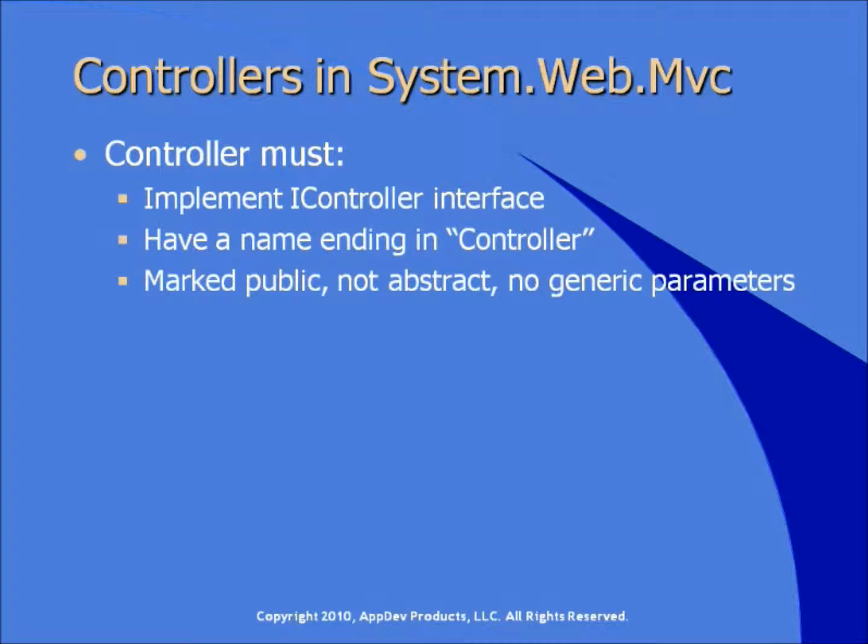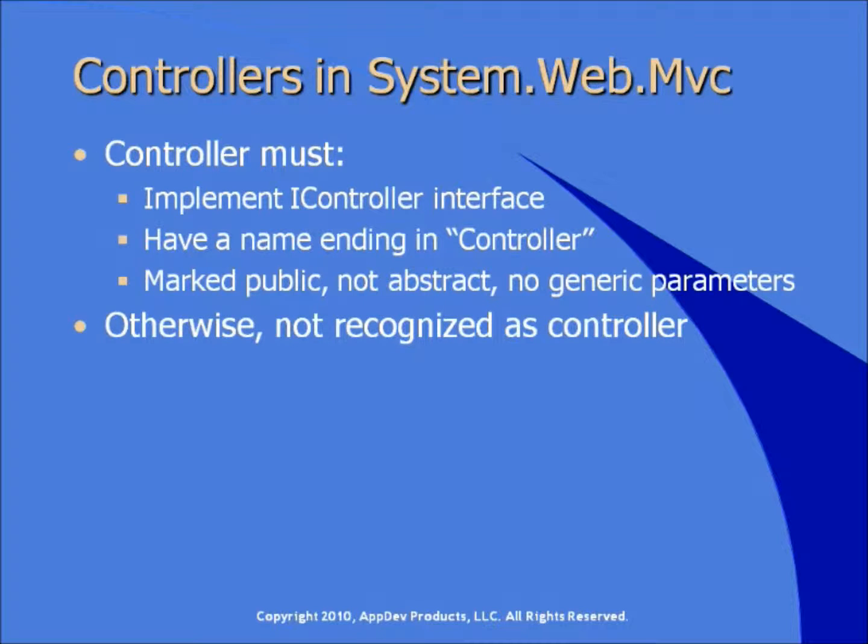Now, the class also has to be marked public, not abstract, and cannot take generic parameters. These are implementation details that, if violated, will prevent instantiating the class as a controller. If the class doesn't meet these requirements, MVC can't recognize it as a controller and will never call any of its action methods.